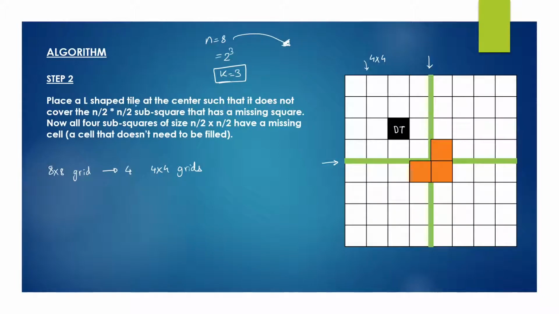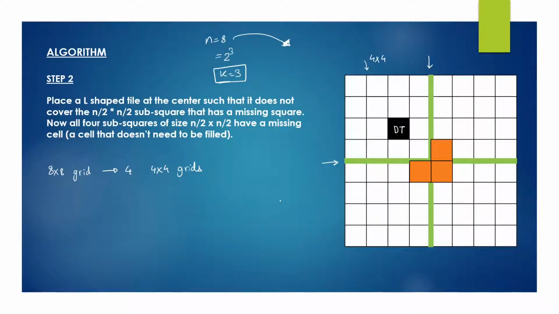It says to place an L-shaped tile at the center such that it does not cover the n by 2 cross n by 2 subsquare that has a missing square. So basically what we've achieved is that all 4 subsquares, all 4x4 grids, now have a cell that is already filled. Basically all 4 have one particular smaller square, the base case, that has already been placed.